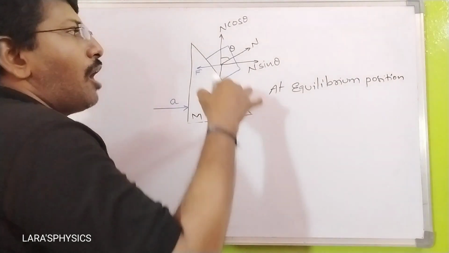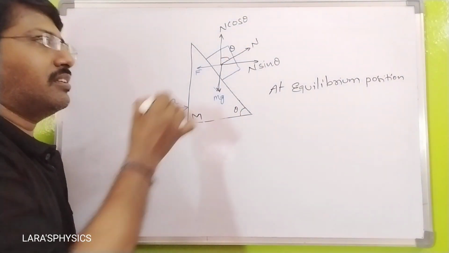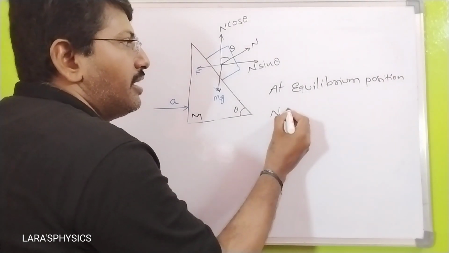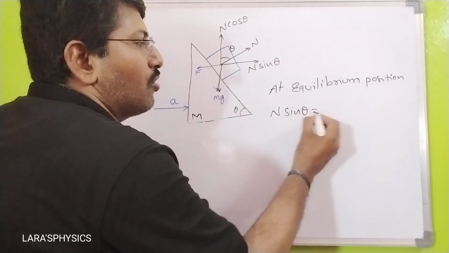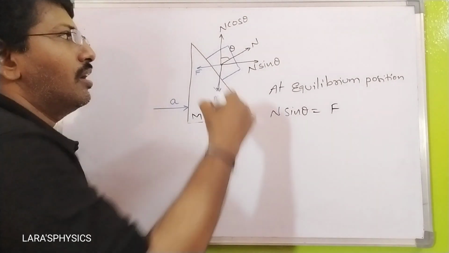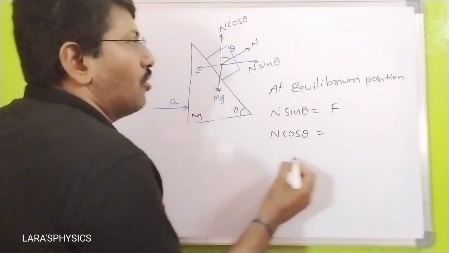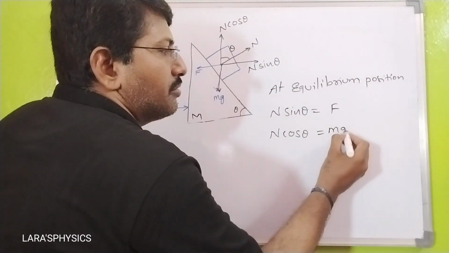Okay. So at equilibrium position, upward force is equal to downward forces. LHS is equal to RHS. So here N sin theta is equal to F. Upward forces, N cos theta is equal to mg.